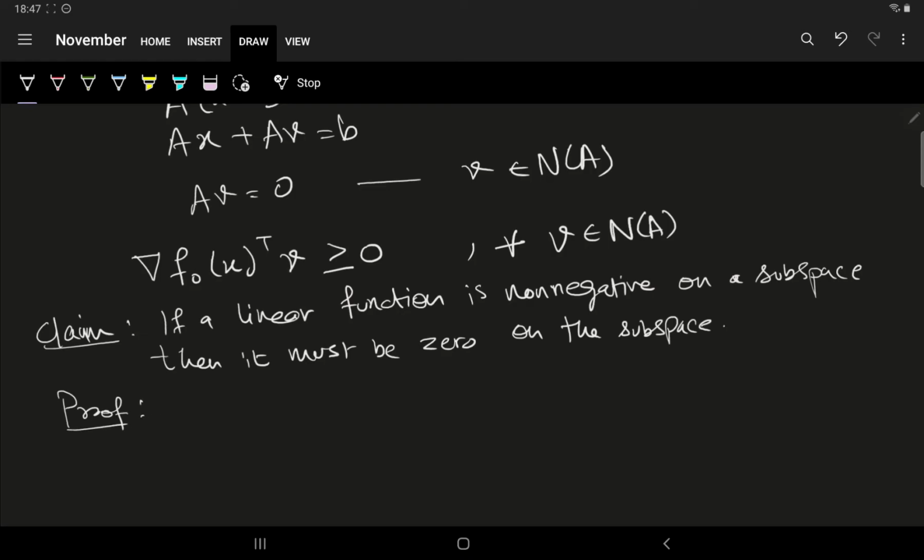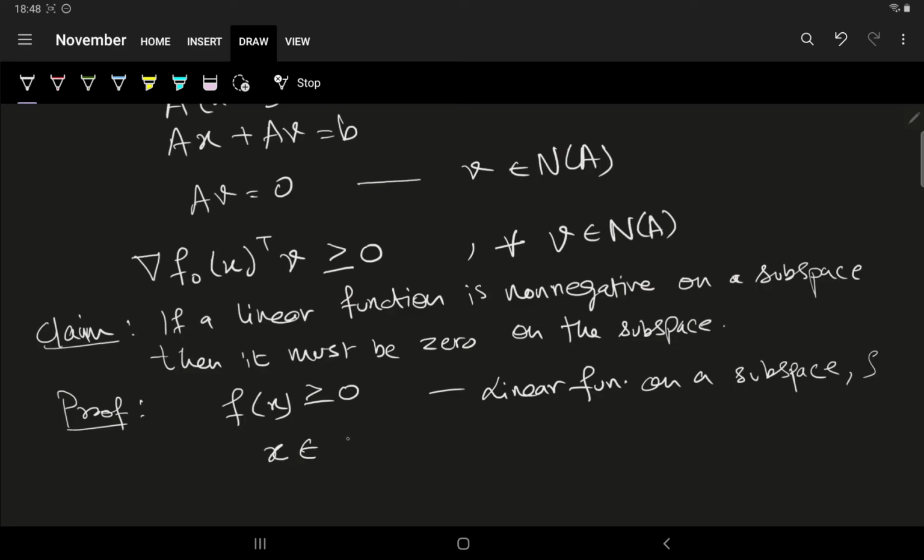Proof of the claim is, let's suppose f of x greater than or equal to 0 is the linear function on a subspace S and x belongs to S.